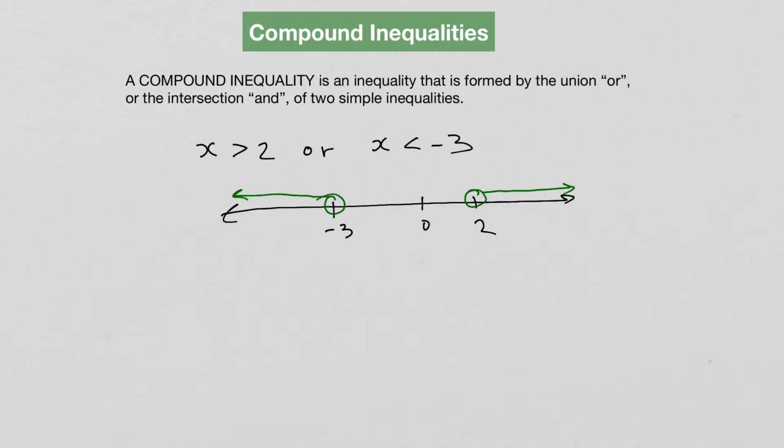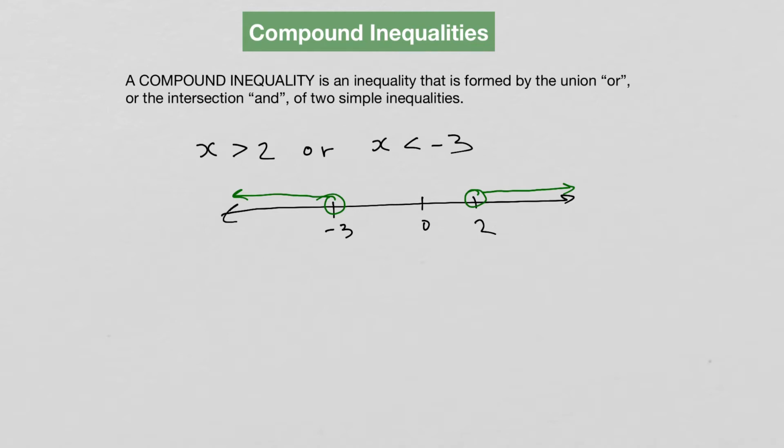Okay, so this is called a union because we see the word or. So this compound inequality states that x is less than -3 or x is greater than 2.